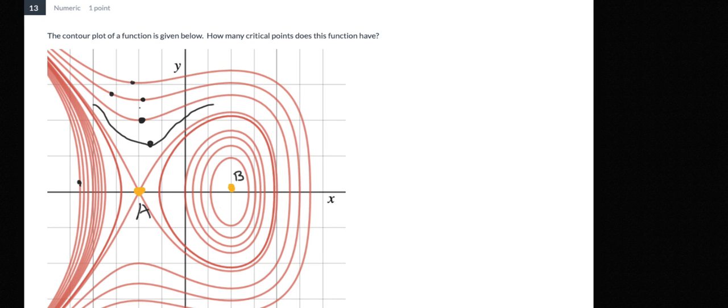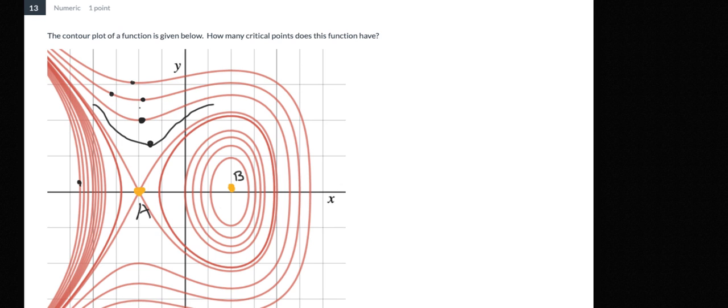So there are two critical points here. We can even describe what kind of points these are. Point A will have to be a saddle point. And then point B is going to be either a relative maximum or relative minimum.